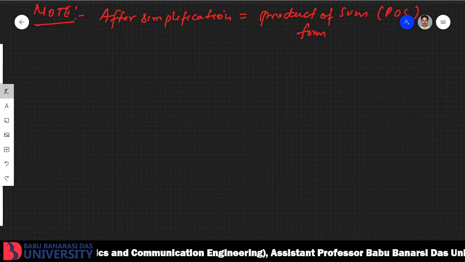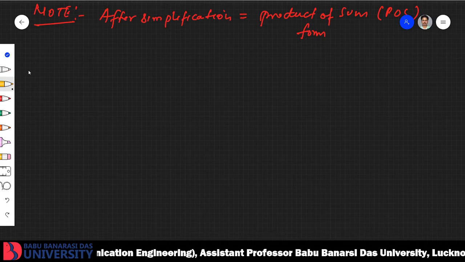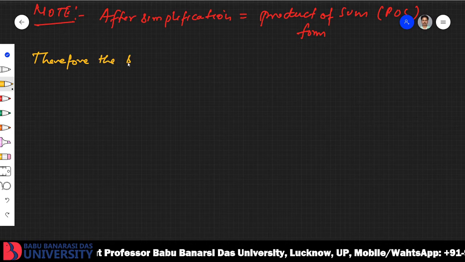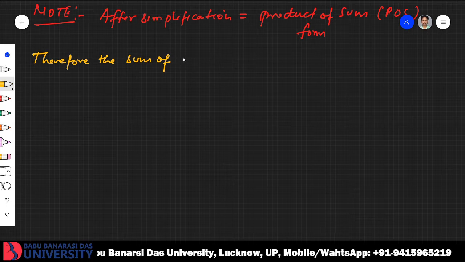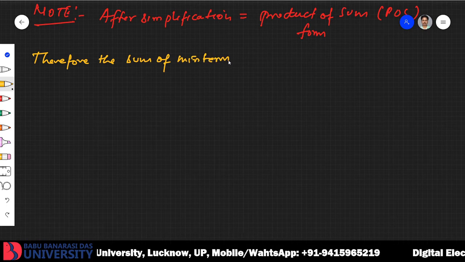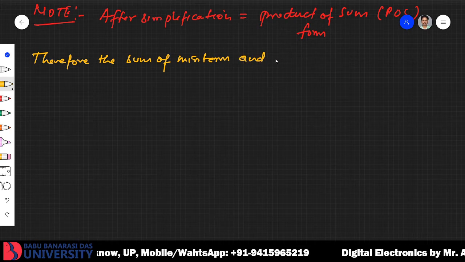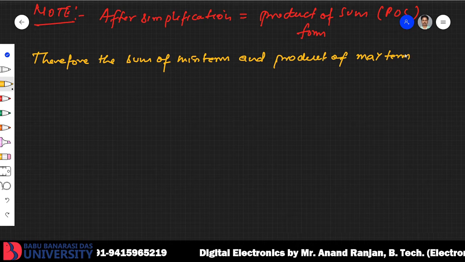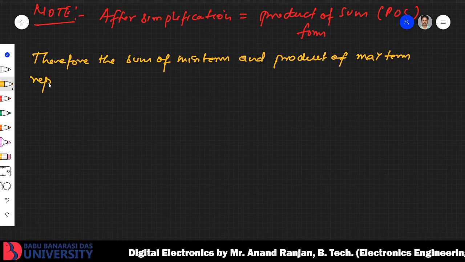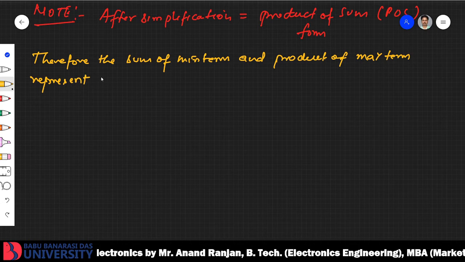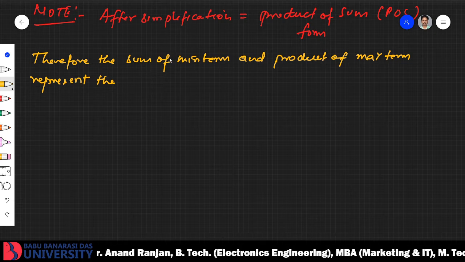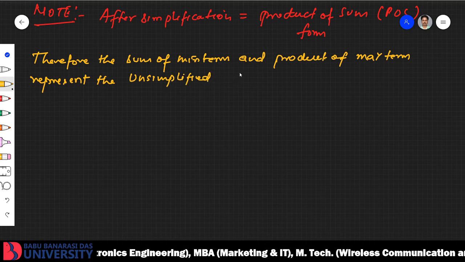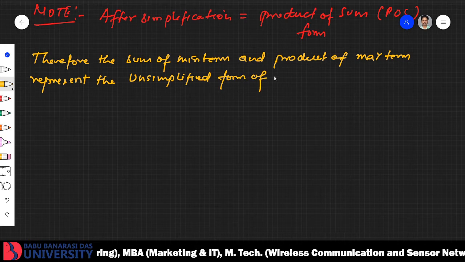Let us write this important note here. Therefore, the sum of minterm and the product of max term represent the unsimplified form of a Boolean expression.